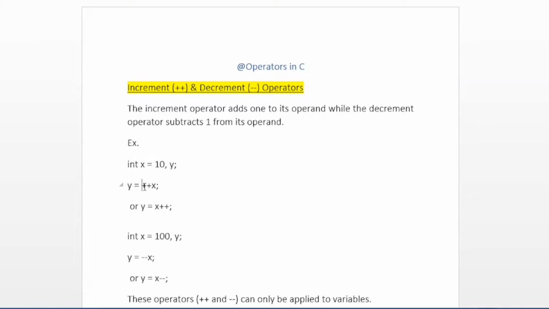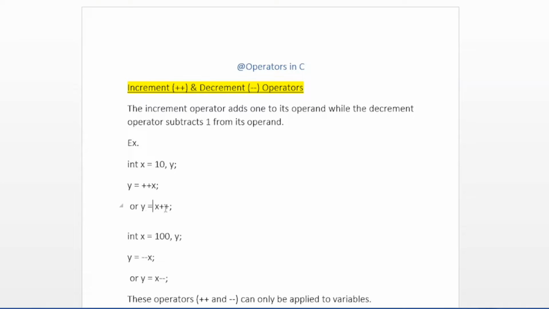So this is pre-increment, this is post-increment. In pre-increment, first the value of x will be incremented and then it will be used. So here x becomes 11 and now this 11 is assigned to y. So y contains 11.